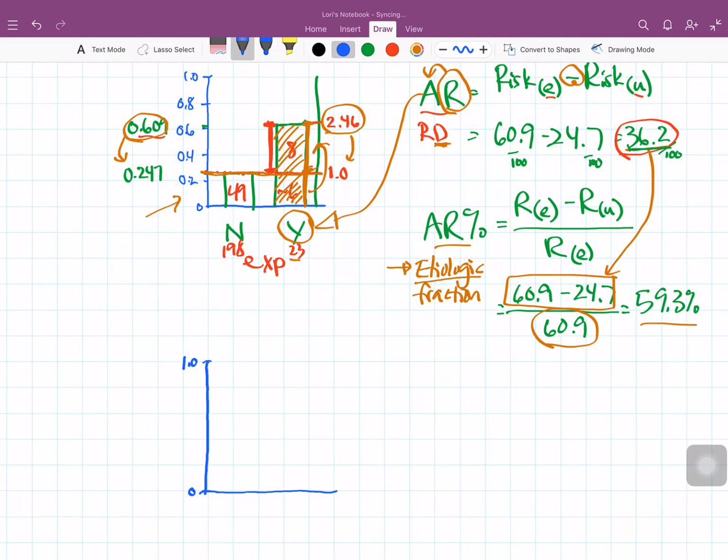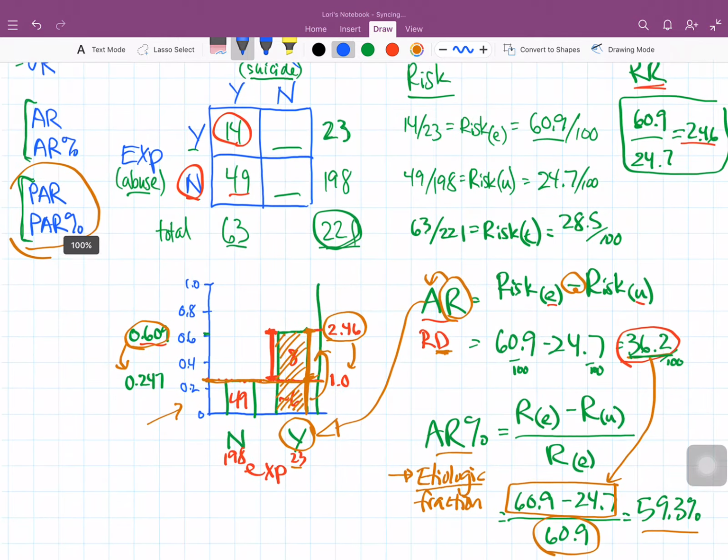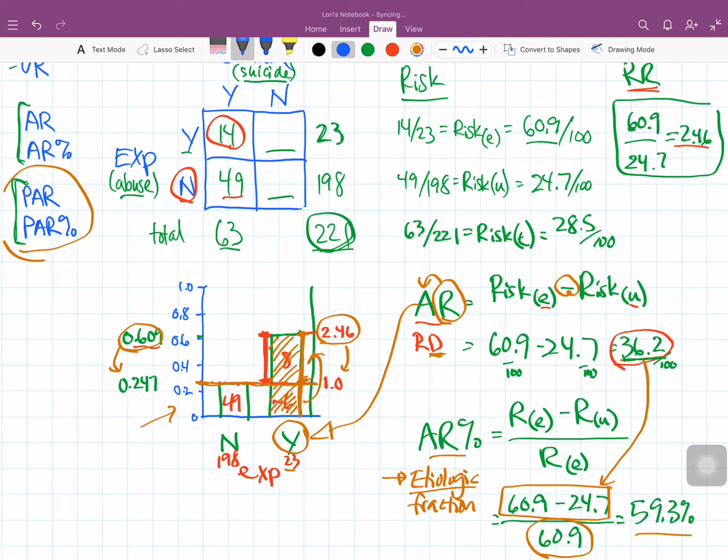By proportionate amount, what I mean is if I look at the actual percentage of the population that is in this yes group and the proportion that's in the no group, I have 23 out of 221, which is equal to 10.4% in the exposed yes group, and what that leaves is 89.6% in this unexposed group.